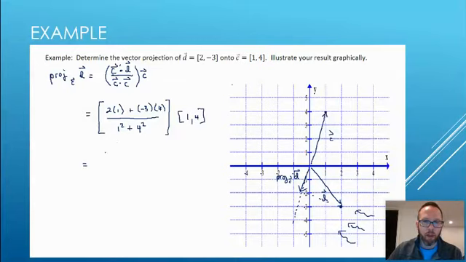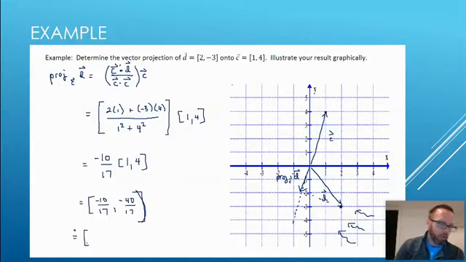We get 2 take away 12, that's -10. 1 plus 16 is 17, times 1, 4. And then scale that in, we get that the projection of D onto C is -10 over 17, -40 over 17. Now, to help us visualize that, if you make those into decimals, to check your answer, you get about -0.6, and 40 divided by 17, you get about -2.4.